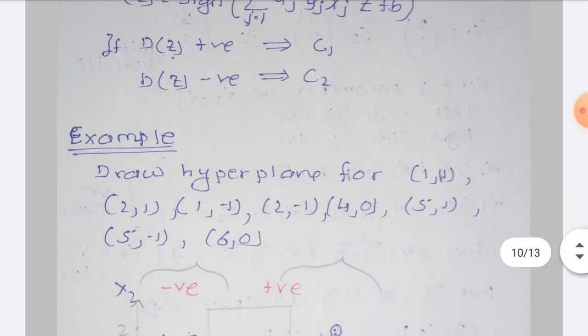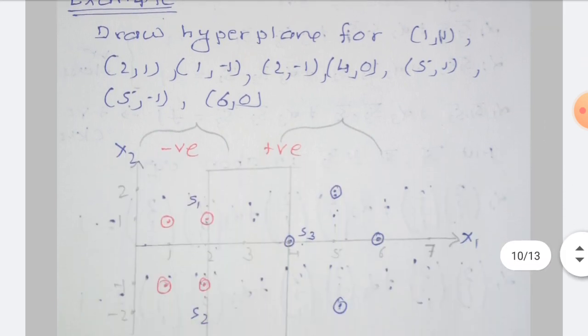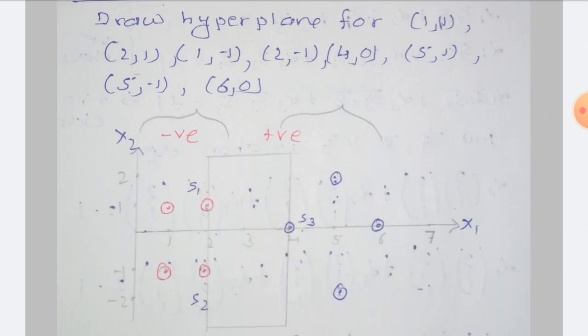Since two-dimensional points are given, that means we have to define two components: one is x1, another one is x2. So let us draw x1 on the x-axis and x2 on the y-axis. Draw all 8 points on the plane. Now we have to draw the hyperplane.